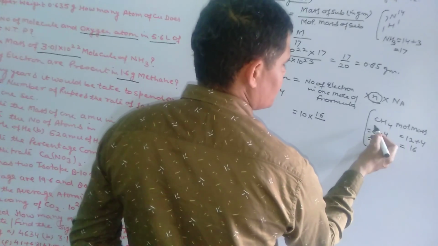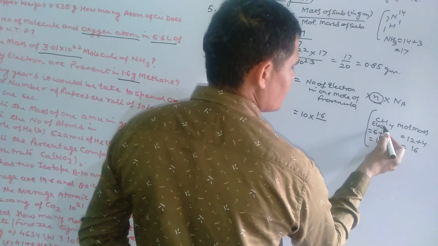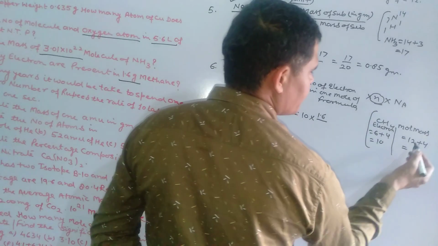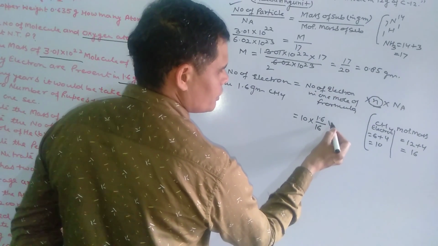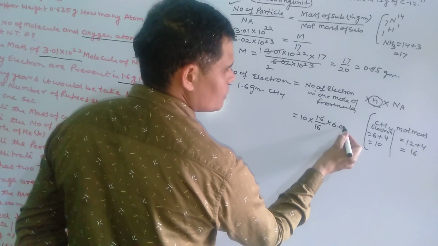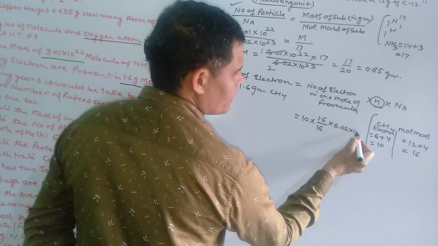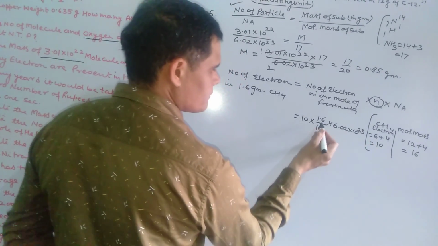That is the molecular mass. 16 into Avogadro number 6.02 into 10 to the power 23.